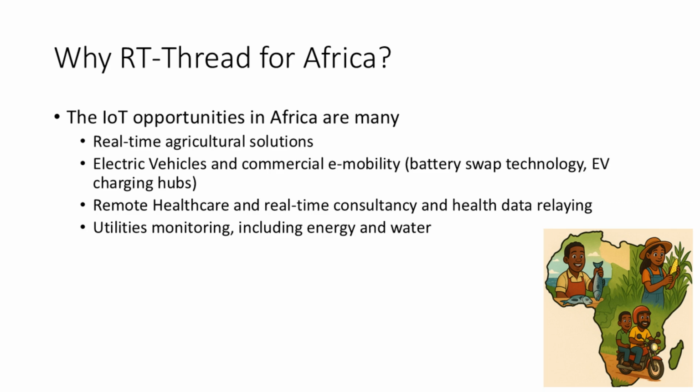A third area is healthcare. In healthcare, because of the remoteness of certain areas, it is cost effective and cheaper to have remote communication of medical information, and e-medicine or e-consultancy, whereby a doctor does not have to access certain regions in person, but can get the communication and the information from such regions.